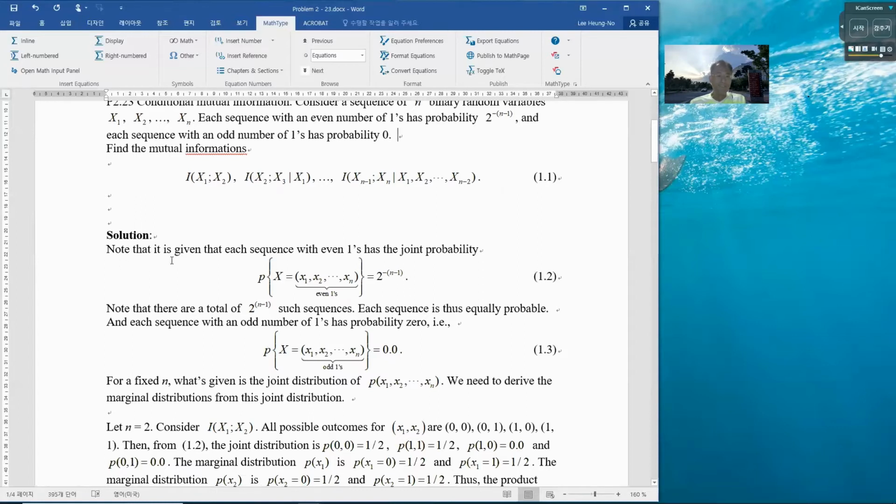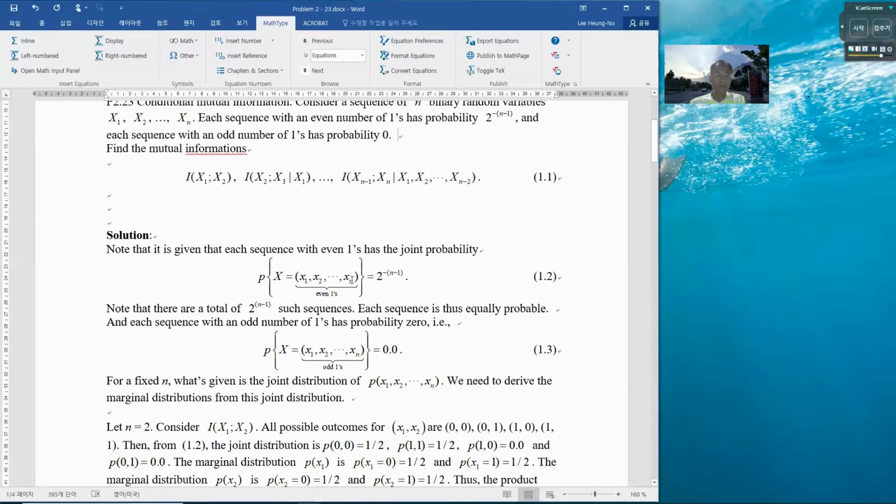Note that it is given that each sequence with an even number of ones has the joint probability, so the probability goes like this. x is the vector of length n, with samples x1, x2, ..., xn.